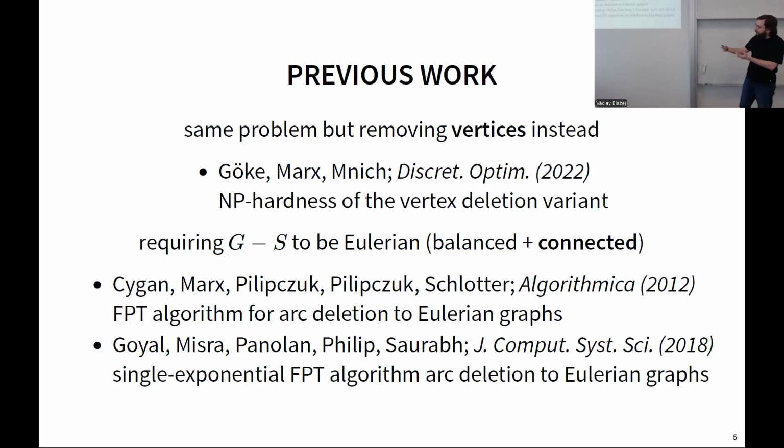There was an FPT algorithm for it, and then it was improved to a single exponential algorithm. And if you focus on removing vertices instead of removing edges, then this was studied also like 3 years ago. And this paper that removes vertices and this paper both ask the question, okay, what if you remove edges? Which is the problem that we study here.